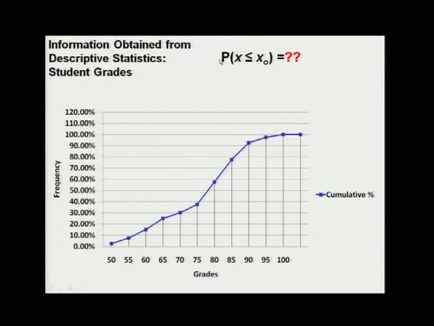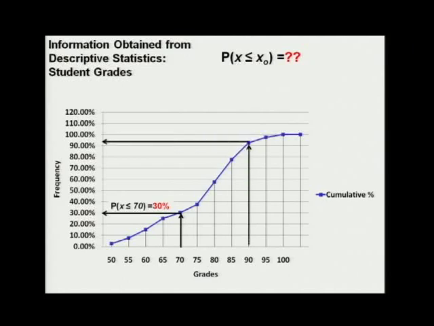If you want the percent of grades that are less than or equal to some pre-specified value, let's say less than or equal to 70, you can go straight to the cumulative curve at 70, go up, intersect with the curve, then go horizontally, and that will give us the exact percent of grades that are less than or equal to 70. We have 30% of the grades or 30% of the students that have made 70 or less, or C or less, or low C.